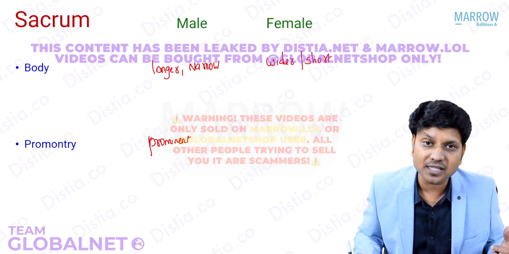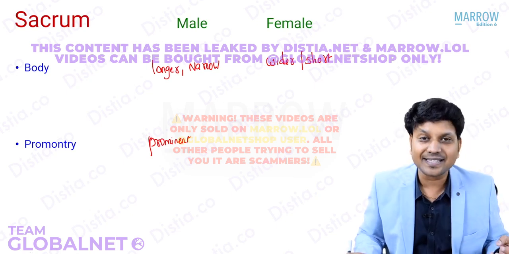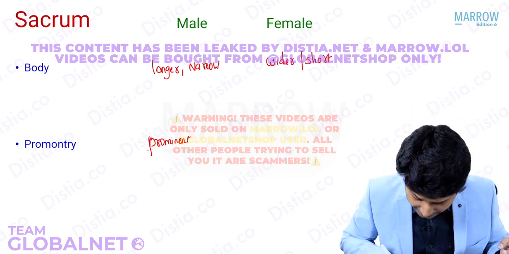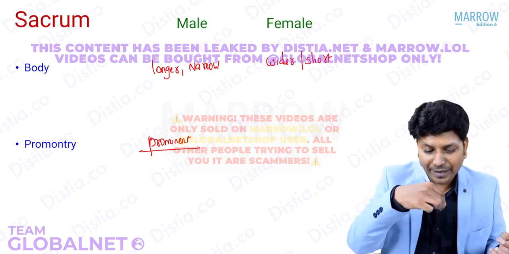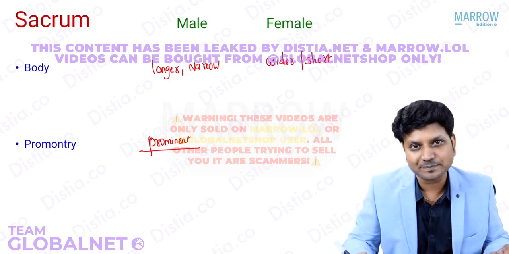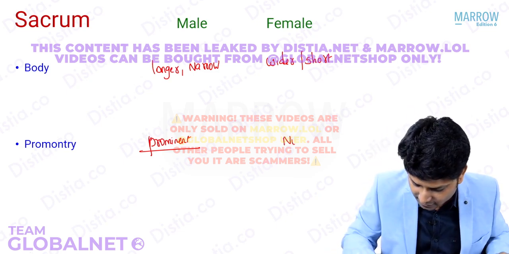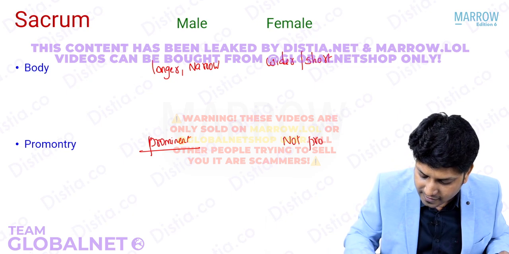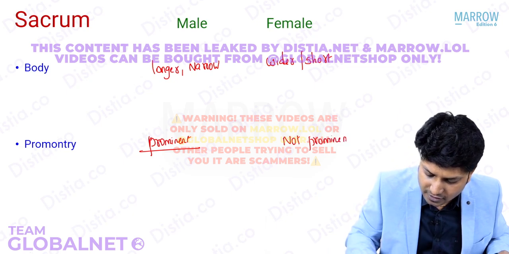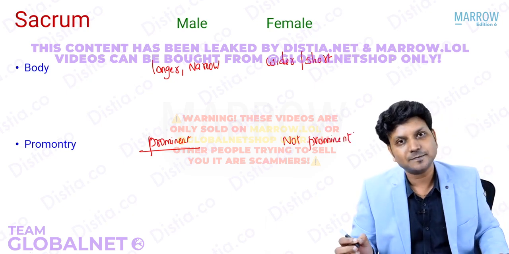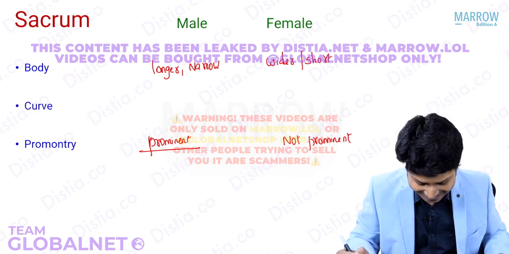Why is the pelvic inlet heart shaped in males? You can see the sacral promontory is more prominent in males, that it comes forward and makes it heart shaped. In females it is not prominent, and that is the reason why it is circular in case of females. Sacral promontory.